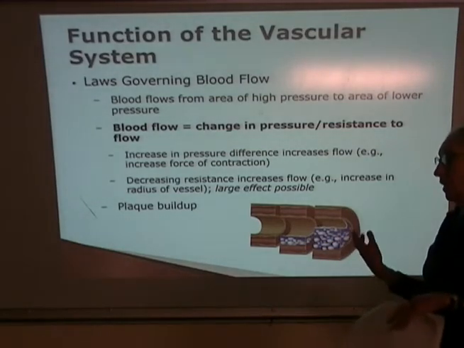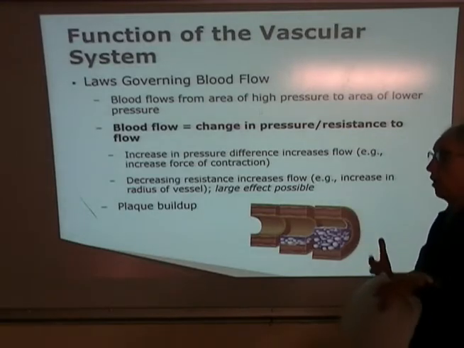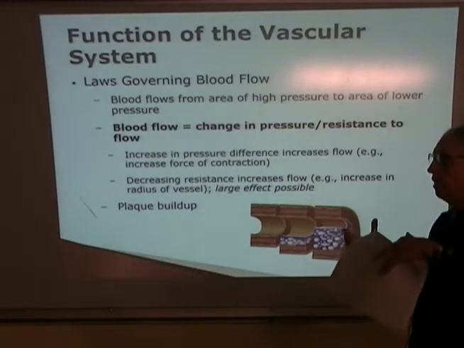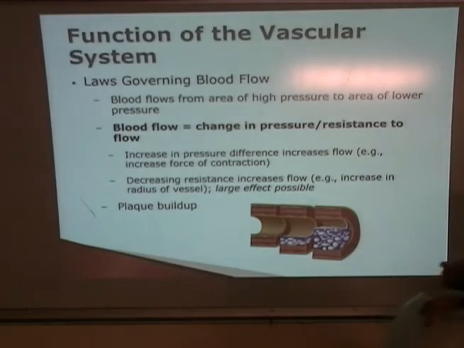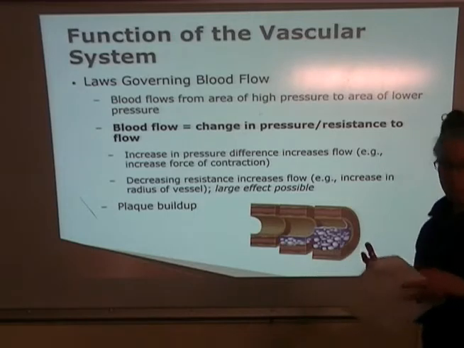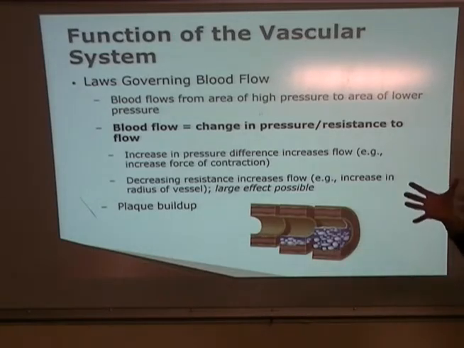And that's what we see happen with training, right? The heart gets stronger and therefore it can contract more strongly. We can also increase blood flow by decreasing the resistance to the flow. So if I can increase the radius of the vessel that the blood has to flow through, then we can increase how much blood is flowing.